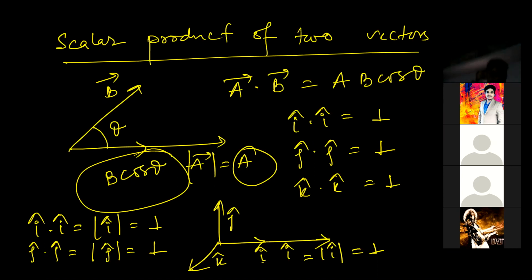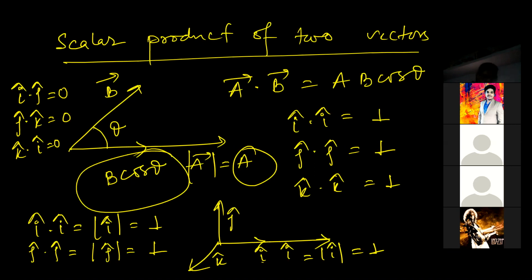Now, I cap and J cap are not working along the same axis. So the dot product of I cap and J cap is 0. Similarly, J cap dot K cap equals 0, and K cap dot I cap is also 0, because these unit vectors work along different axes.